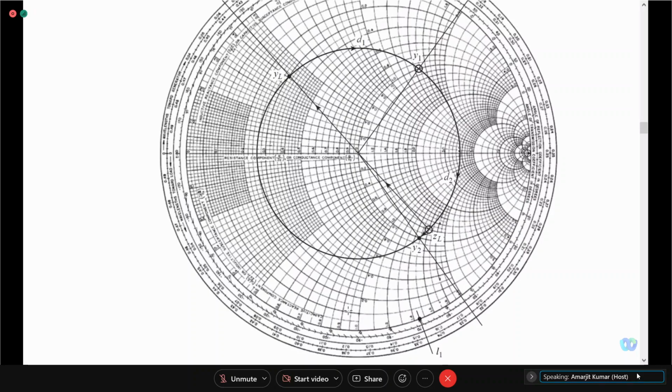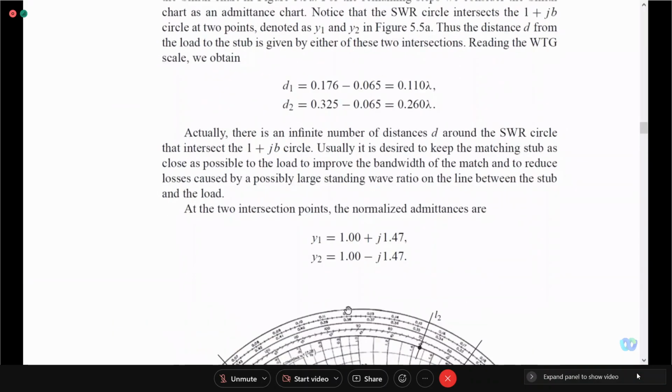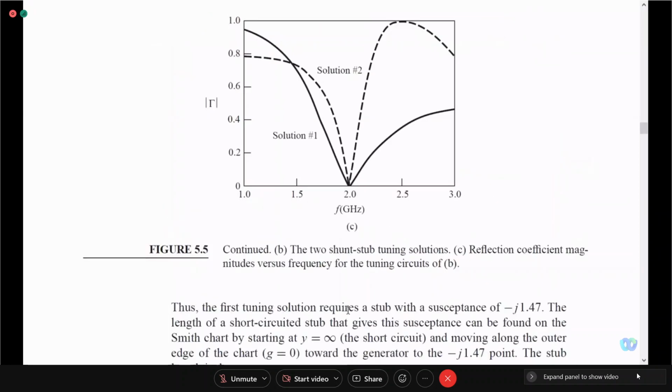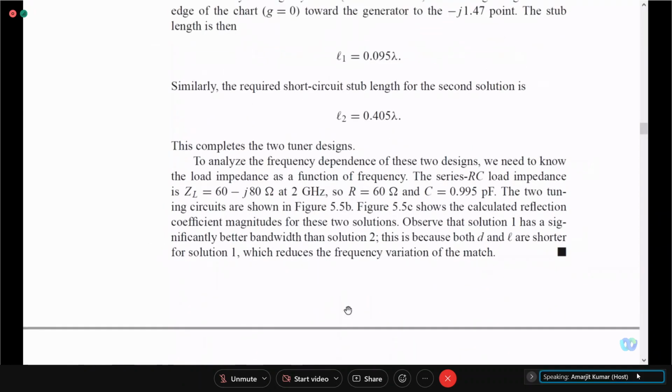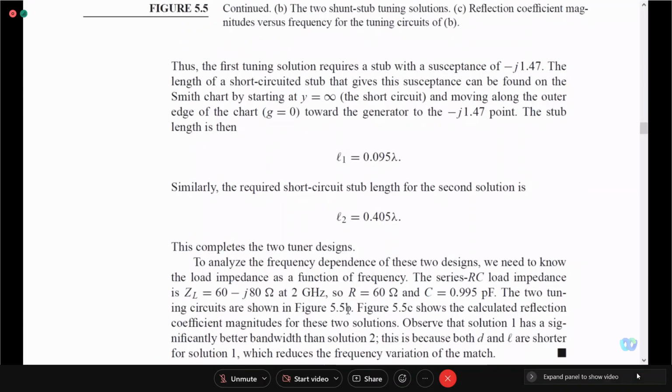So what will be the length L1? It is 0.345 we can take. And where is that short circuit point? Y is equal to infinity. So 0.095.